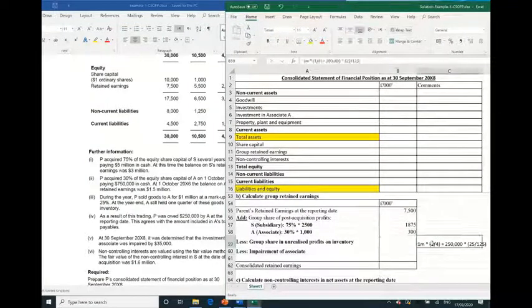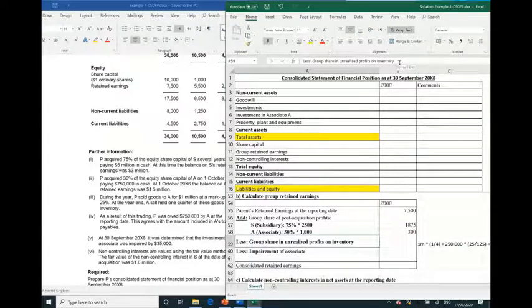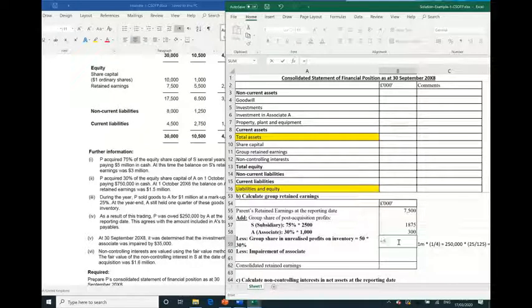So this gives us the unrealized profit, which in this case is 50. The group share is 30% of this amount, so 50 times 30% is 15, and this is excluded. So it's minus 15, the group share in the unrealized profit on inventory.